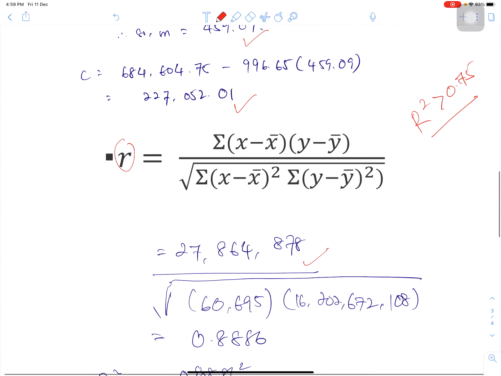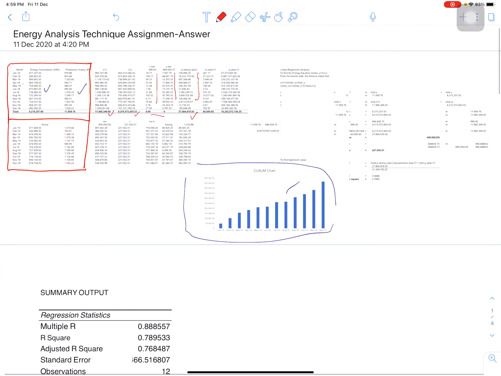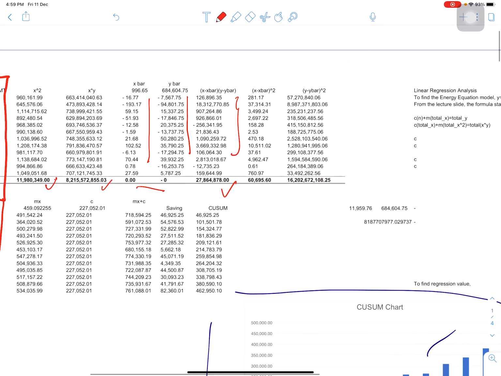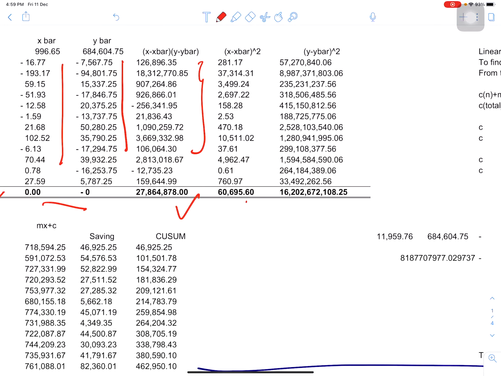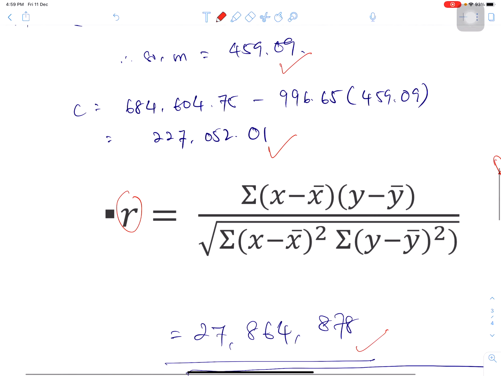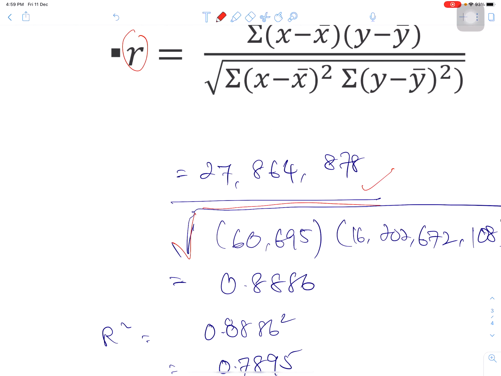Alright, so we have to find the total of x minus x average to the power of 2, and the total of y minus y average to the power of 2. Put into this equation and square root it.